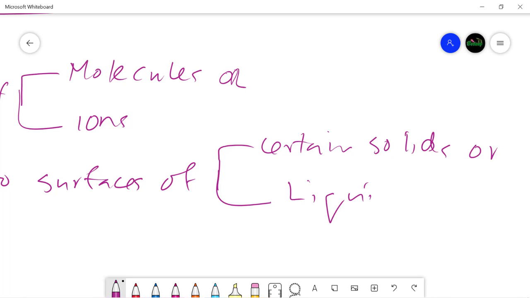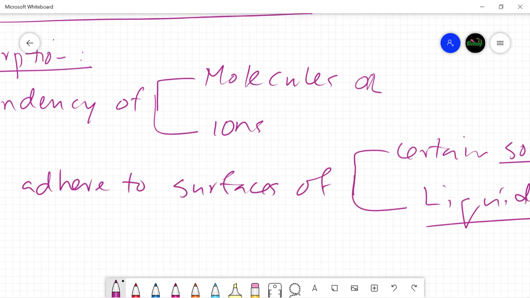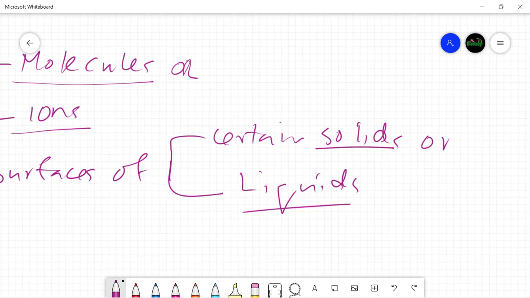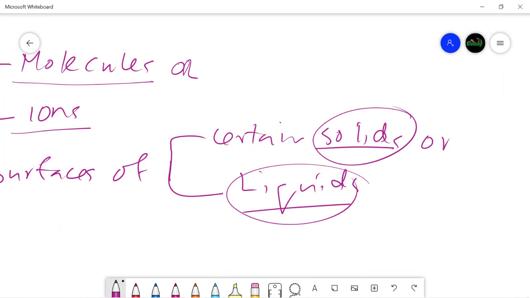So this adhering of molecules or ions to the surface of solids or liquids, this is known as adsorption. So this is the definition of adsorption.